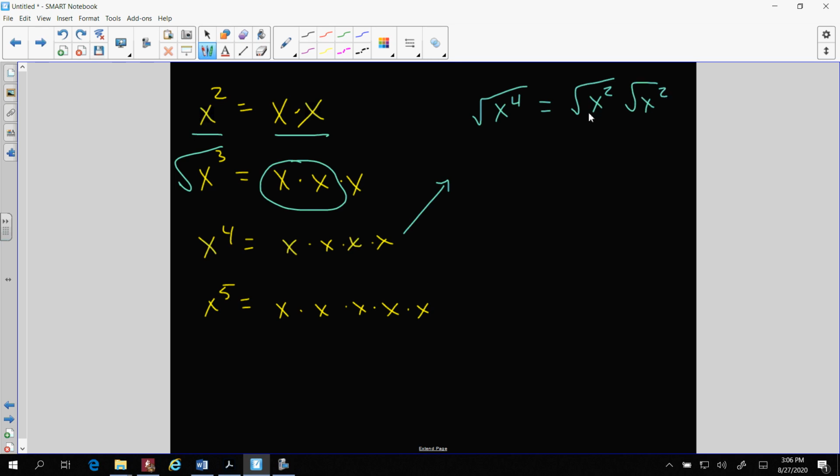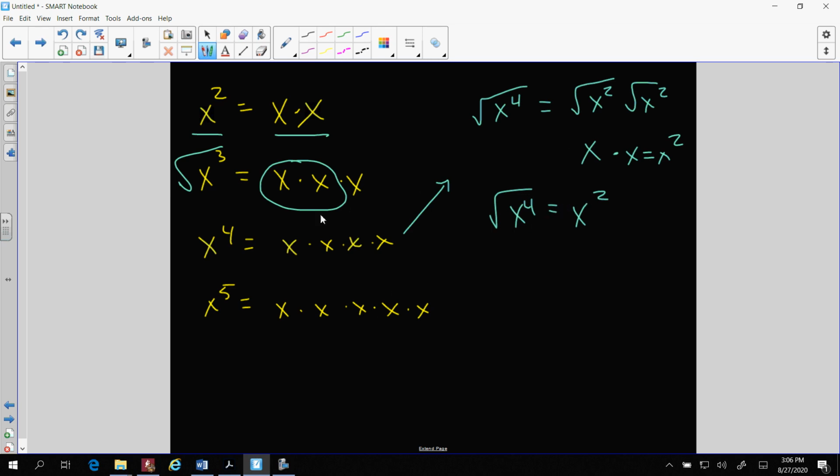I do know the square root of x squared is x. My radicals are gone because I did the operation, but what is x times x? X squared, right? So the square root of x to the fourth is x squared.